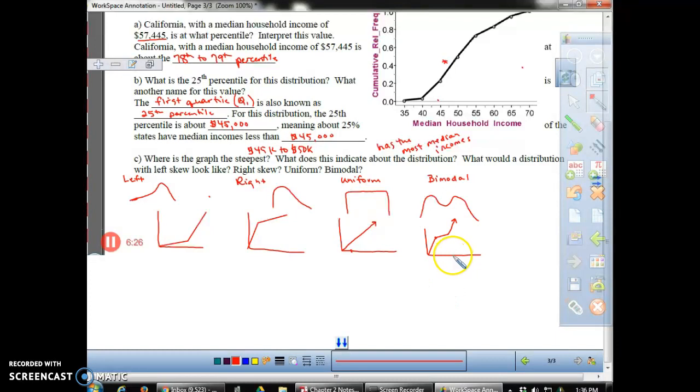So that's what I think bimodal would pretty much look like. So it helps to think about how the cumulative relative frequency, and sometimes we call it an ogive. You might hear that term sometimes or see it in the book. It is a cumulative relative frequency graph, but how it would relate to the histogram that might form if we had bars representing all of these here.